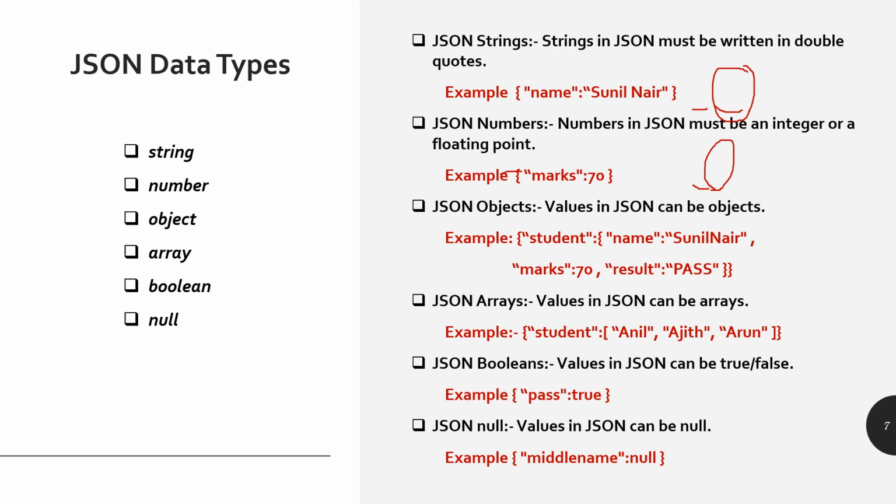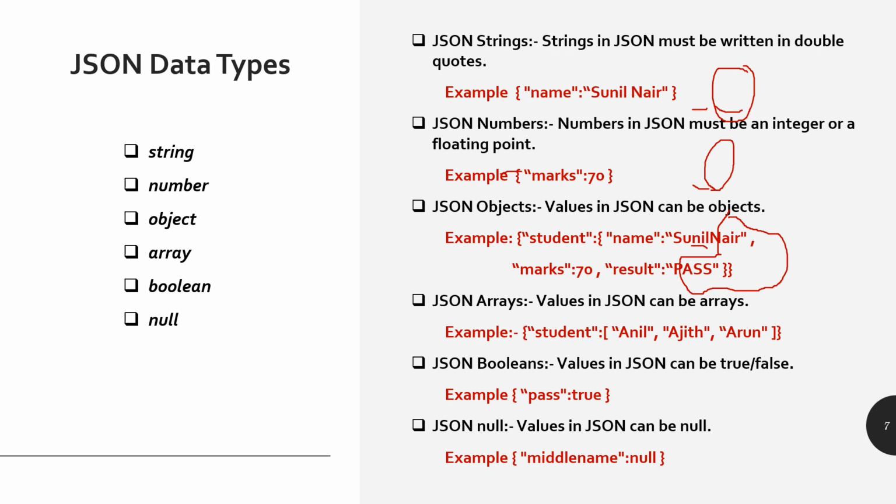A value can also be an object. See, this is a name, then a colon, and the entire thing after the colon is the value. Name value, this is actually an object. It can also be an array.